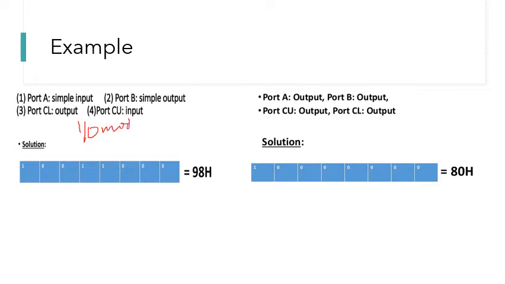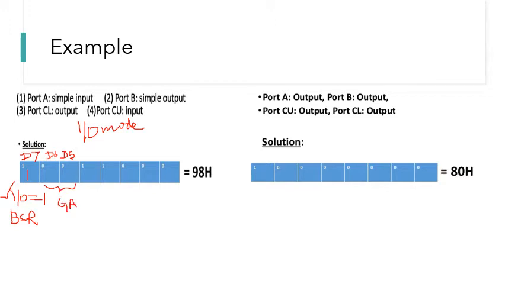See this bit D7, which is meant for mode selection: I/O mode or BSR mode. If this bit is equal to 1, it acts in I/O mode, so we write a 1 at D7. Next, bits D6 and D5 are for group A mode selection.